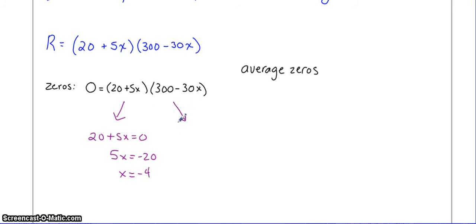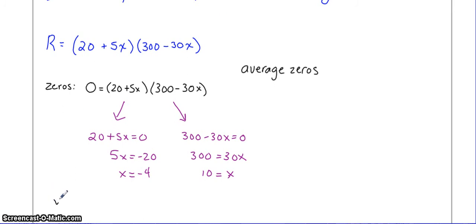The next factor, we're going to figure out when it is equal to 0. So we're going to add 30x to both sides and then divide both sides by 30 and you get x equals 10. So those are your zeros.